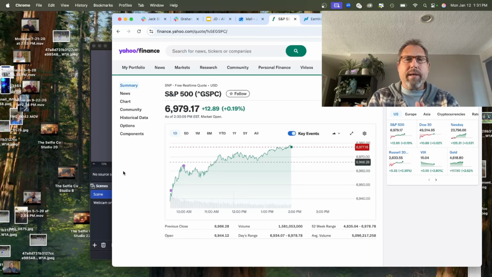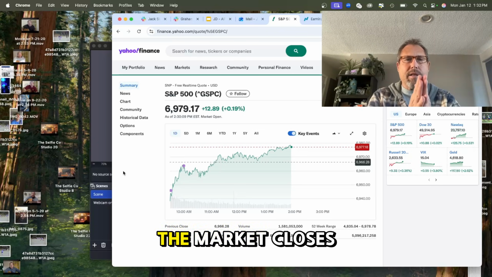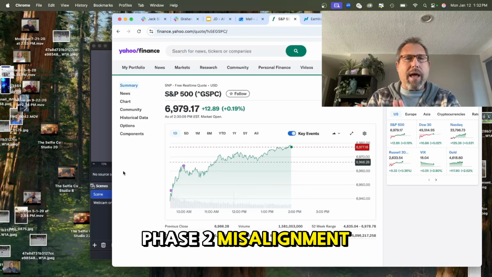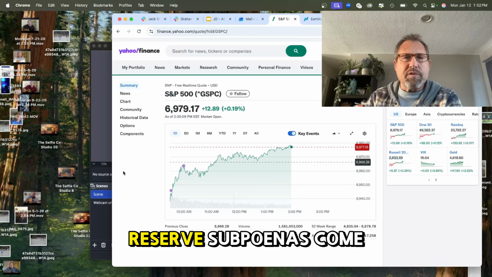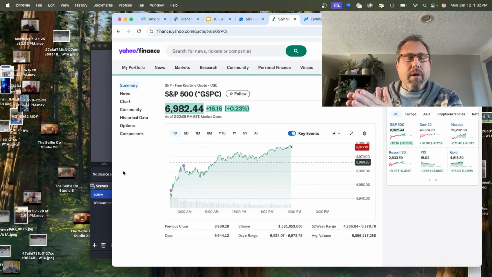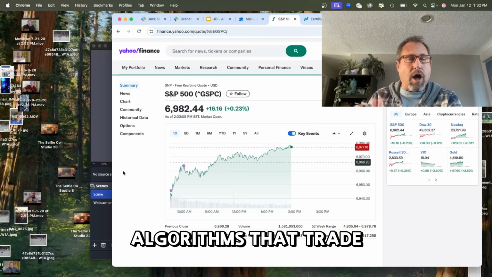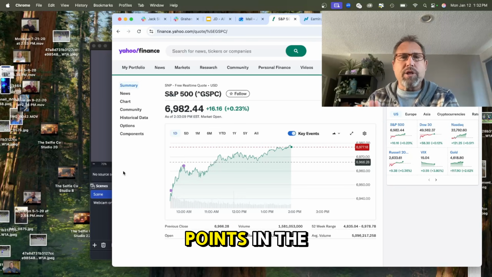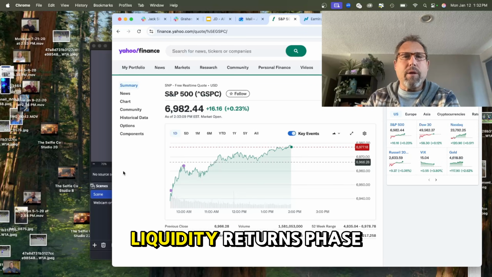So phase one on Friday, 4 o'clock, the market closes, liquidity dries up. Phase two, misalignment. Sunday night, Federal Reserve subpoenas come out, and futures from the algorithms that trade large dollar amounts, by the way, tilt the scales to their side, down 50 basis points in the futures market. When we woke up this morning, phase three, the market opens, liquidity returns.